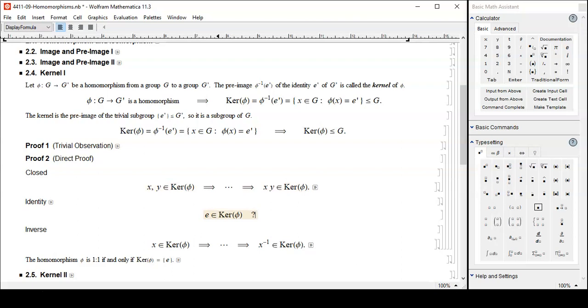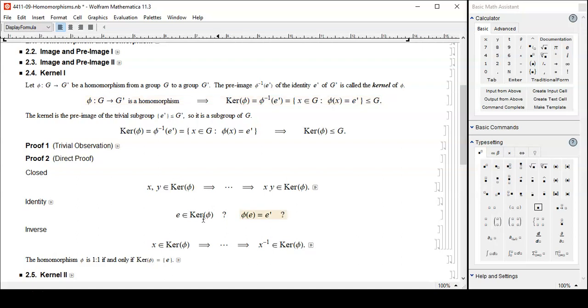So what do you mean by something belongs to the kernel? That means the function value of that something is E prime. So something belongs to the kernel means phi of that something is E prime.